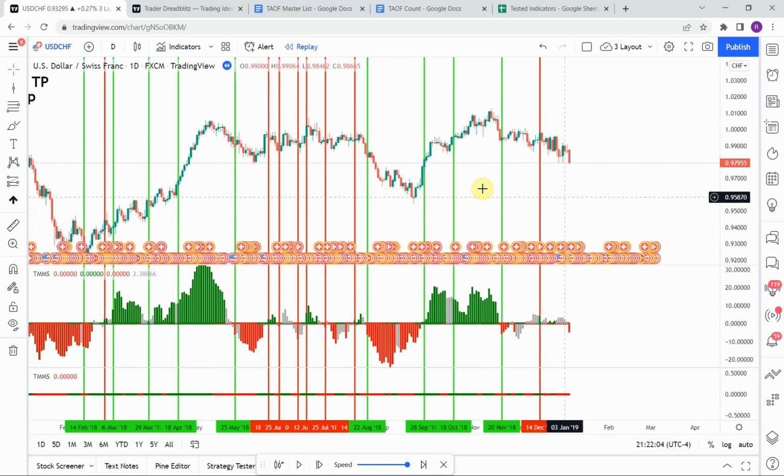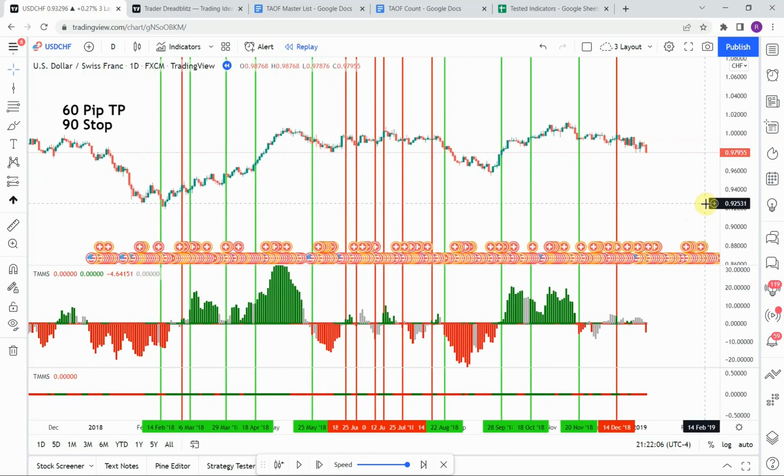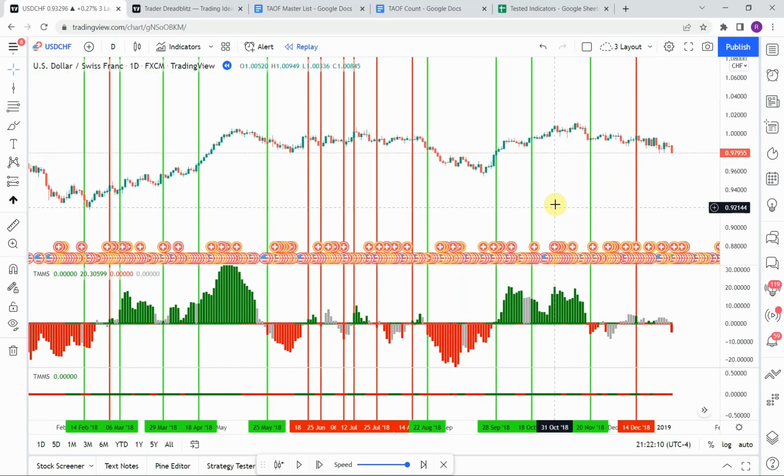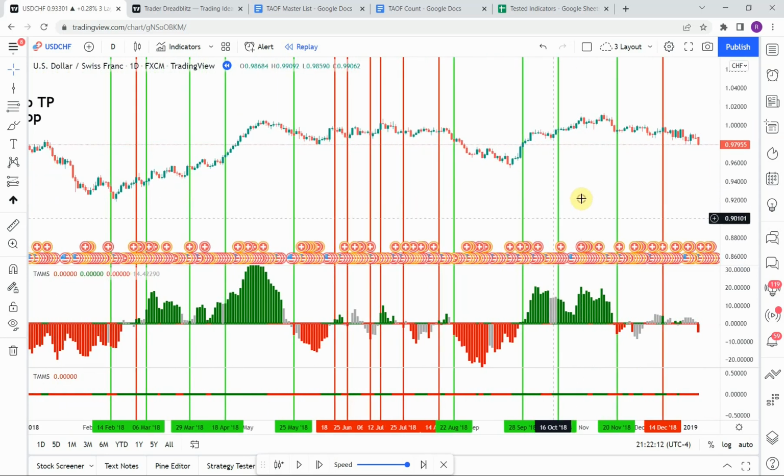Alright, so let's go ahead and take a look at our indicator here. Everything in focus. Alright, let's go ahead and count it out and see what we get out of it. So we have 1, 2, 3, 4, 5, 6, 7, 8, 9, 10, 11, 12, 13, 14, 15, 16, and 17.